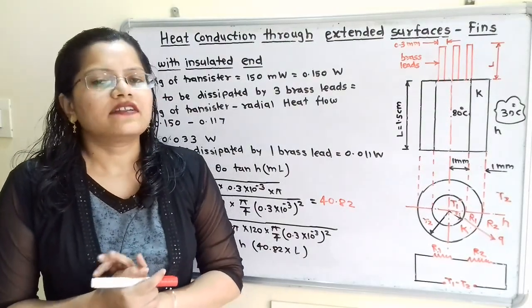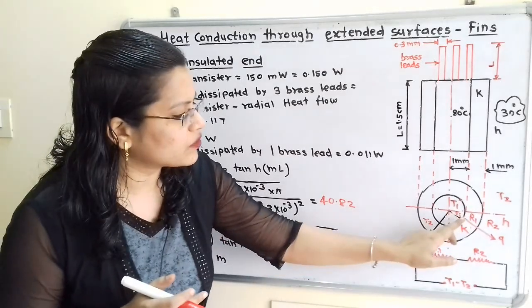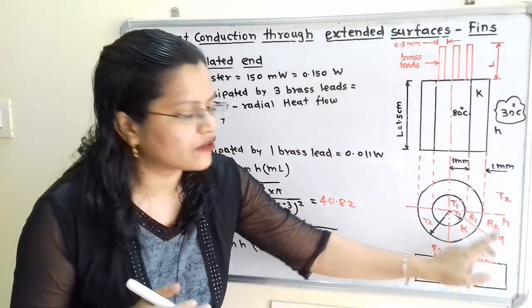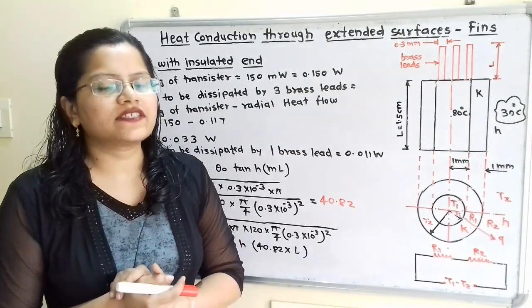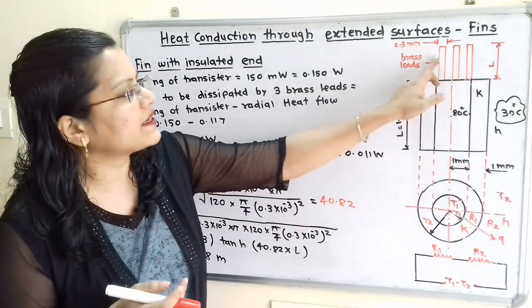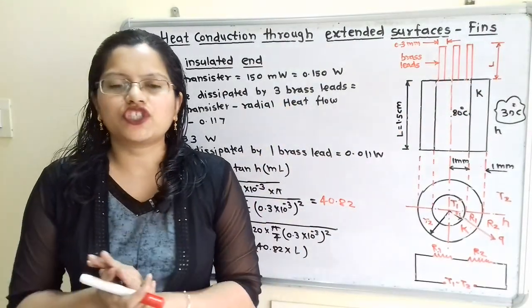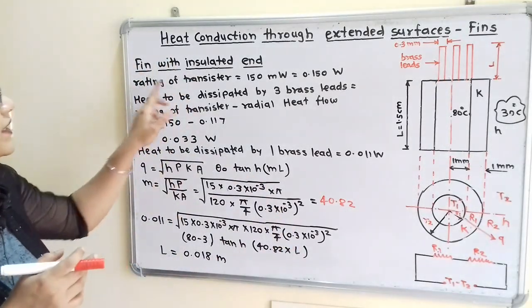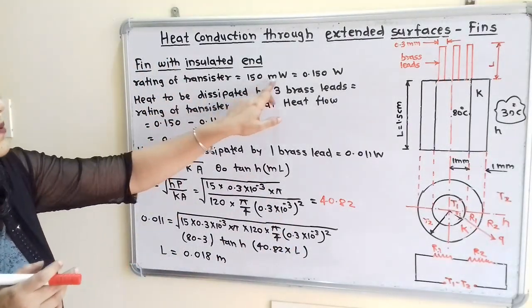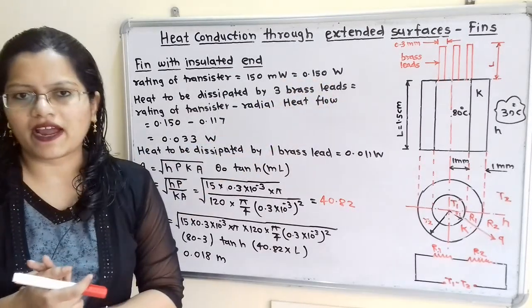Now we know the radial heat flow, that is Q, that we have calculated earlier. Now we have to find out what is the heat dissipated by each brass lead. Now if we observe the question, it is given that the rating of the transistor is 150 milliwatt, that is equal to 0.150 watt.